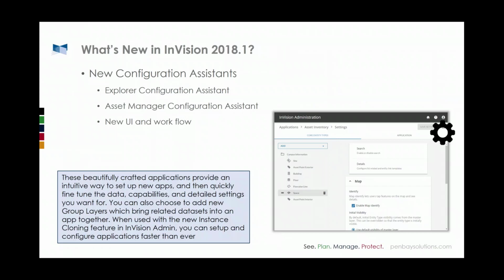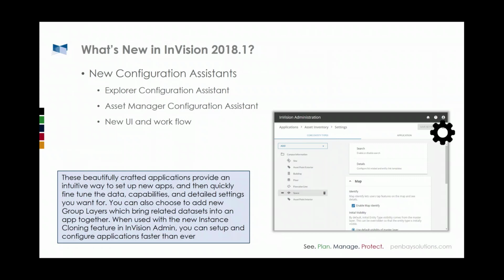So in InVision 2018.1, we have two new configuration assistants. You remember that in InVision Foundation, there's a web-driven or a web wizard-driven interface to configuring InVision, and it's always been possible to configure up application templates like Explorer or other templates from InVision.